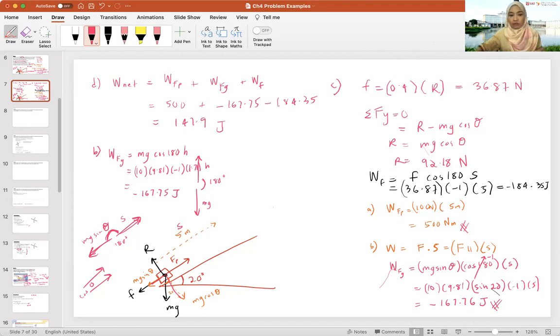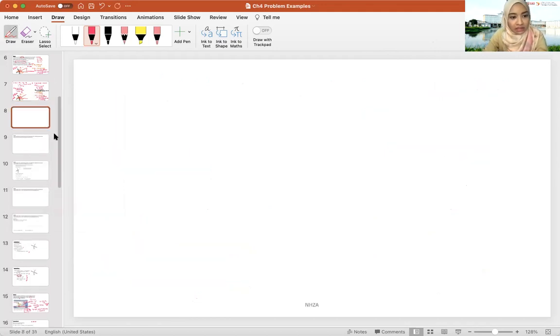Okay. So sebenarnya kan ramai juga yang tanya saya yang cosine 180 ni. So let me clarify that. Bukan dalam kelas je yang tanya, dia tanya dekat WhatsApp pun ada. So I think that's a little bit confusing for you guys, I think. So remember, kita punya definition for work done is the dot product of F and S, right?